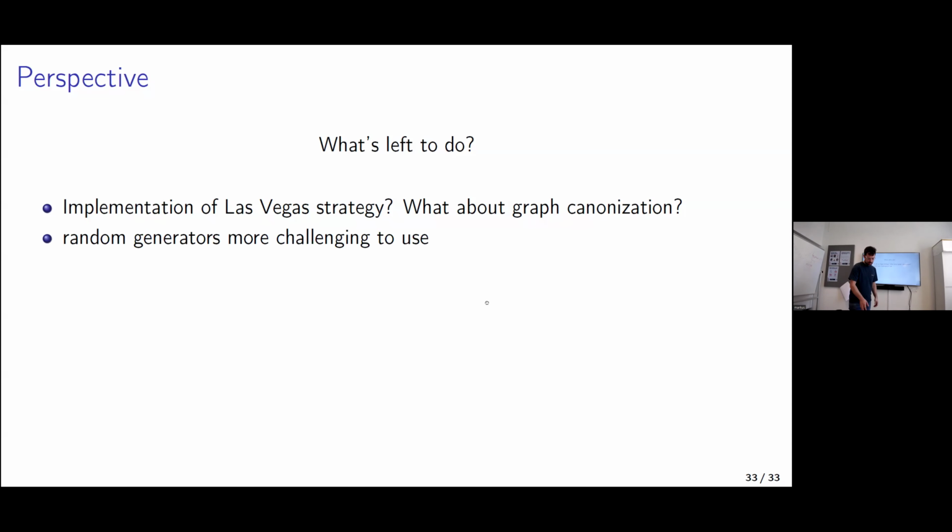Another thing: if you're actually working on an application which uses these tools, then the random generators that dejavu returns can be more challenging to use. Many group theoretic algorithms will work better using random generators, but many more practical applications tend to be worse.